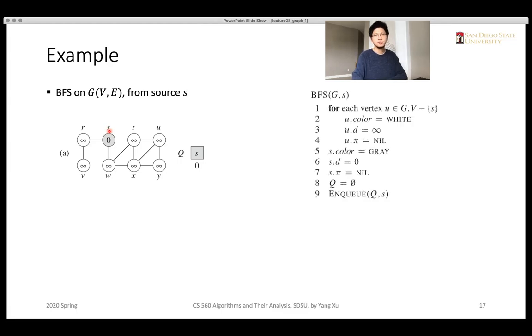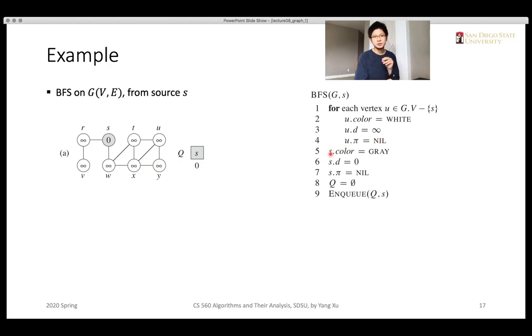Okay, if we just look at the initialization part of the code first, we will use a for loop to paint all the other vertices except the source vertex white. Everything is white, all the distances are set to infinity, and all their parent attributes are none.